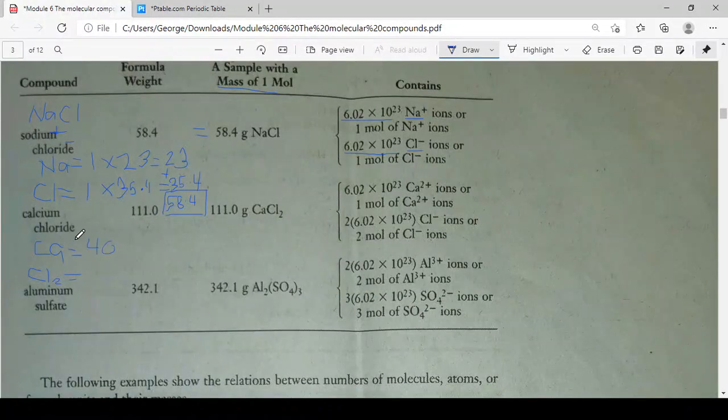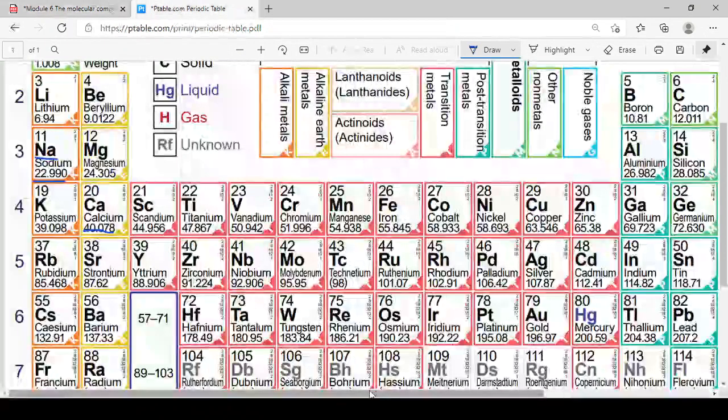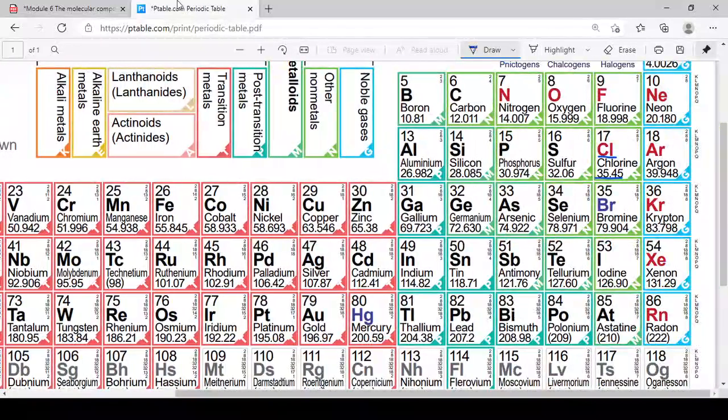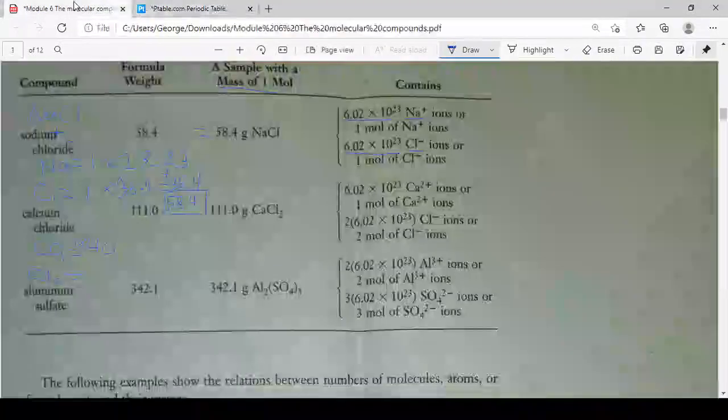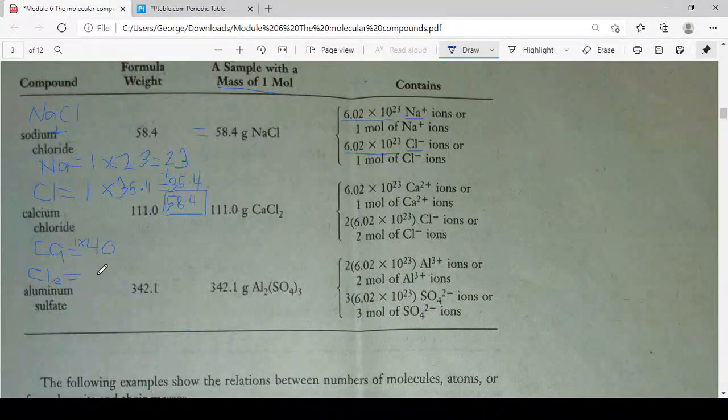Therefore, 1 times 40. Next, your chloride has 35.4 or 35.5. We round off 35.45 to 35.5.